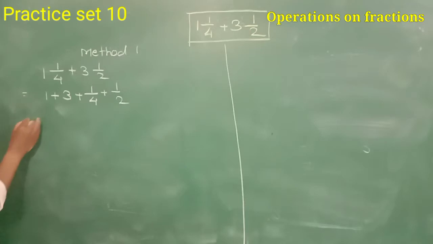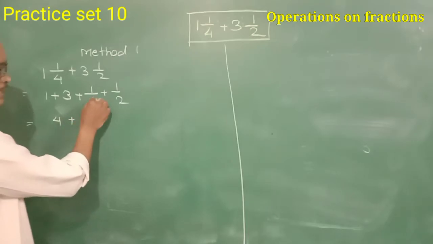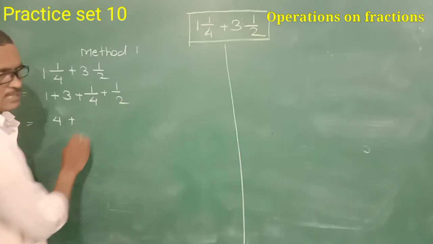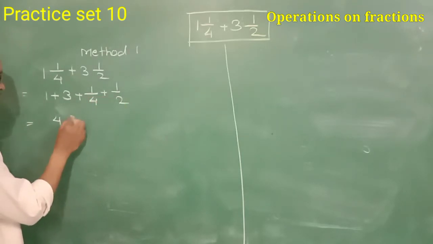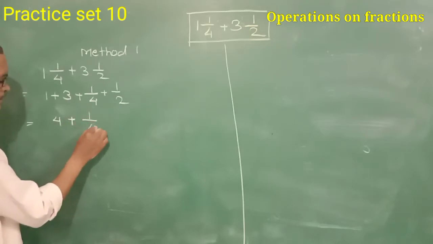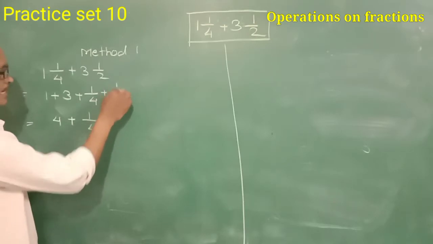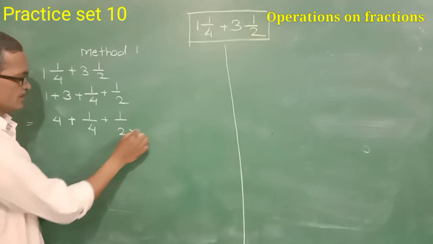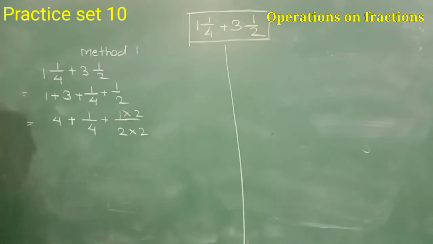We get 1 plus 3 is 4 plus, now these two fractions are not like fractions. So we have to make these fractions like fractions. So what we can do, we can write 1 upon 4 as it is, and we can multiply 1 upon 2 by 2 upon 2.